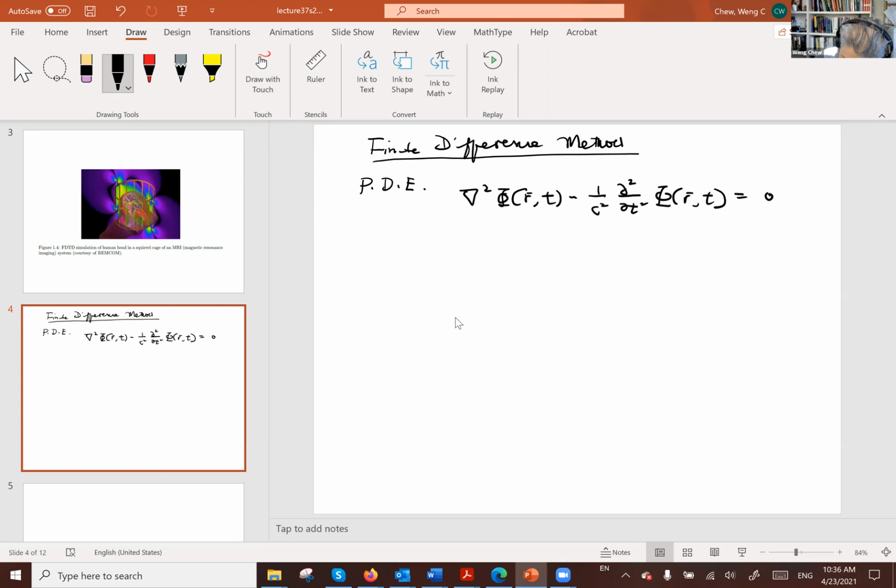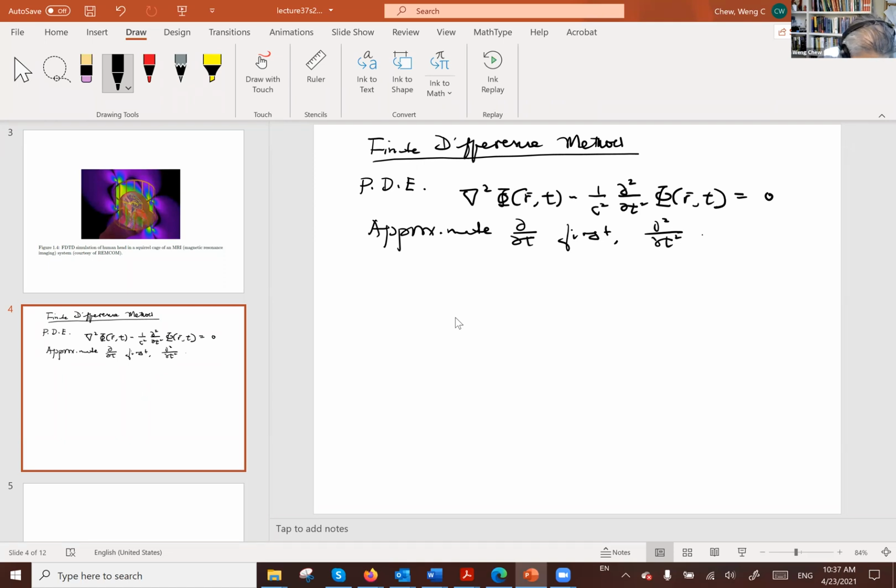We like to approximate the time derivative first. And then approximate the second order time derivative after that. How do we go about doing this? Well, there are very many finite difference methods for approximating the derivative of a function.